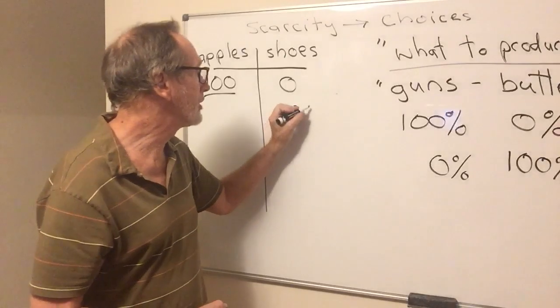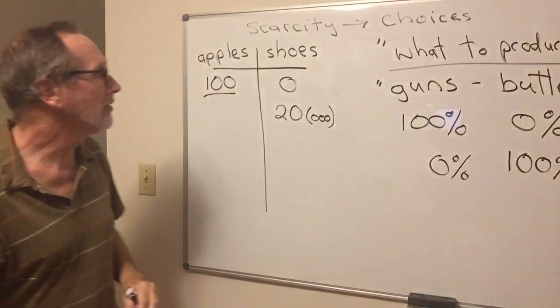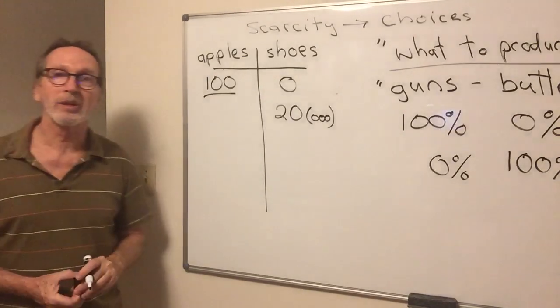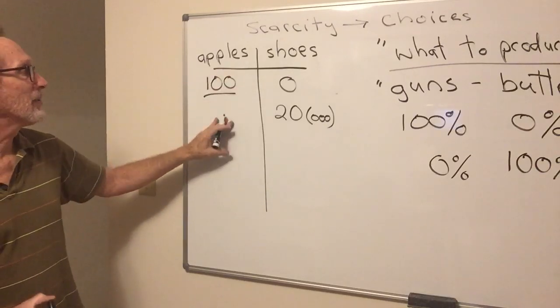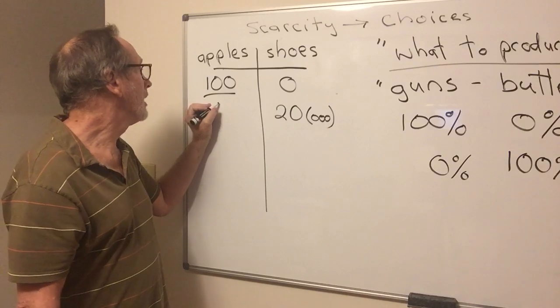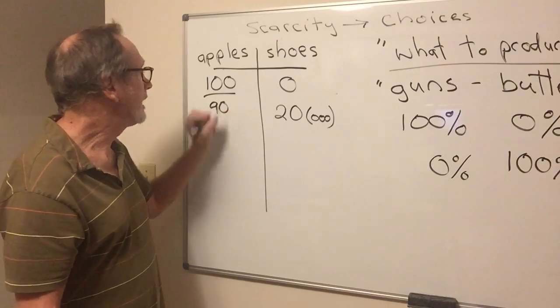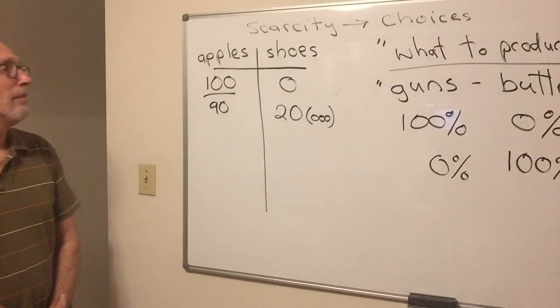Maybe this is units of 1,000. Right? 20,000. Just not 20 shoes because it's a country. Let's think about that. But you're going to give up, you can't make 100 apples anymore. You give up maybe, let's say, 10. So you could only make 90 apples if you started applying some of your resources to making shoes, right?